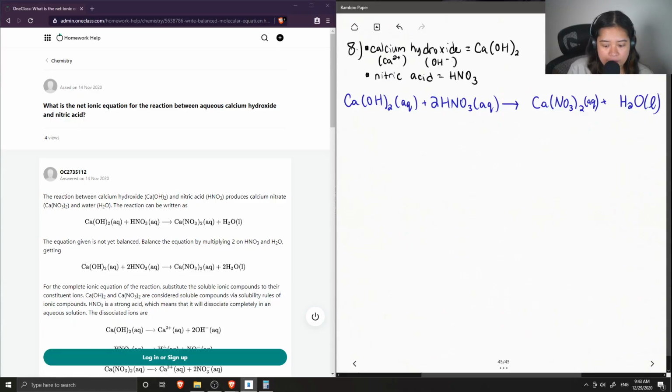So I'm going to put a coefficient of 2 in front of water. And now everything should be balanced. We have 6 plus 4, 10 oxygens on both sides, 6 plus 4. Or 10 plus 2, so 12. Yep.